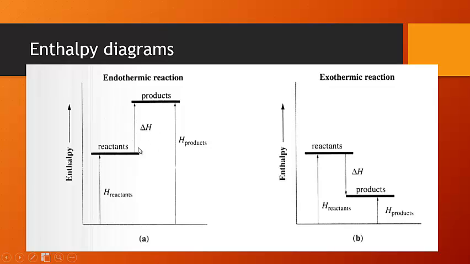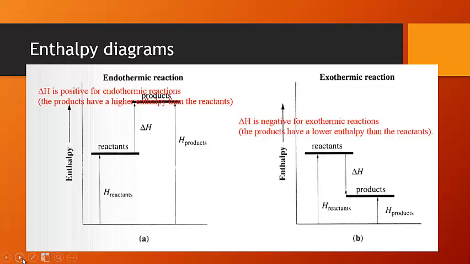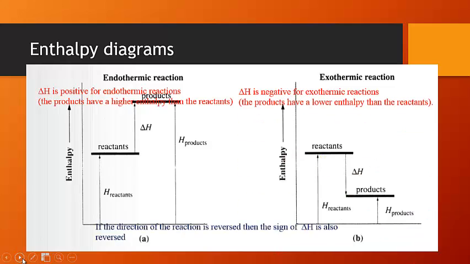And your delta H, your change in enthalpy, is positive. For an exothermic reaction, your reactants have a higher enthalpy than the products, and so you're releasing energy, which means you're going to give off heat. But that means that the delta H is going to be negative. So, positive for endothermic, negative for exothermic.